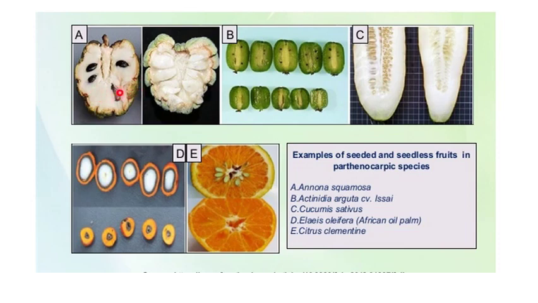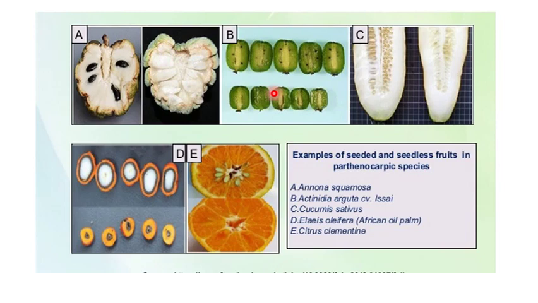You can see here in this picture, on the left side, the seeded fruit is present, while on the right side, the non-seeded or seedless fruit variety is also present. It means it is an example of parthenocarpic fruit, which is seedless fruit.